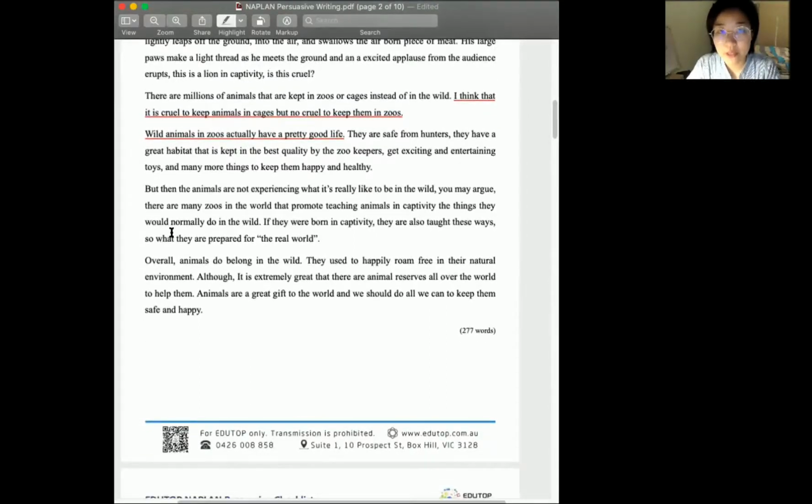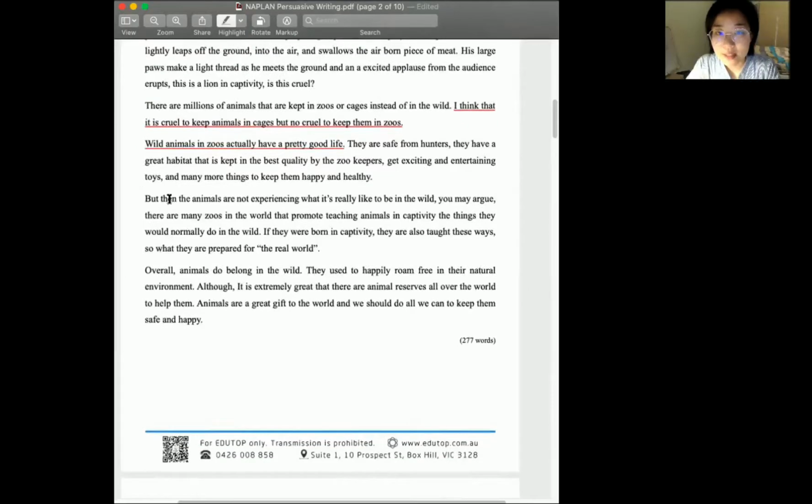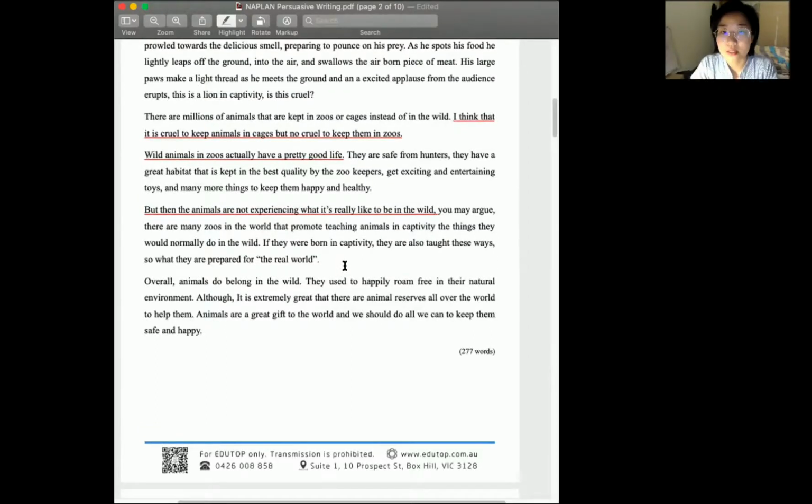How about the next paragraph? What is that about? Let's look at the first sentence. But then the animals are not experiencing what it's really like to be in the wild. You may argue, blah, blah, blah. So this sentence actually is the second argument, isn't it?